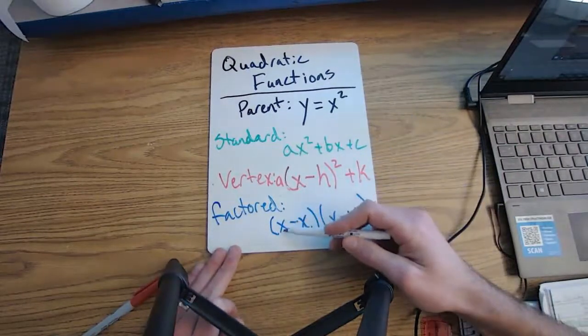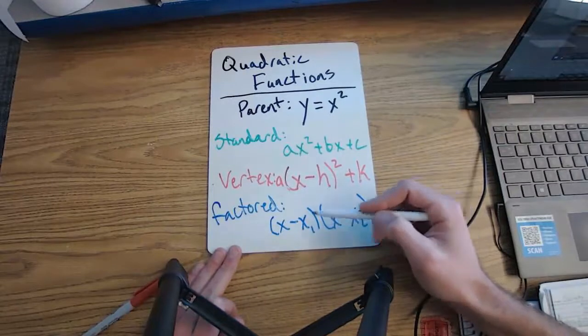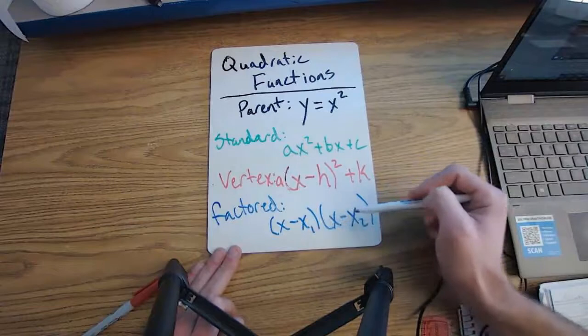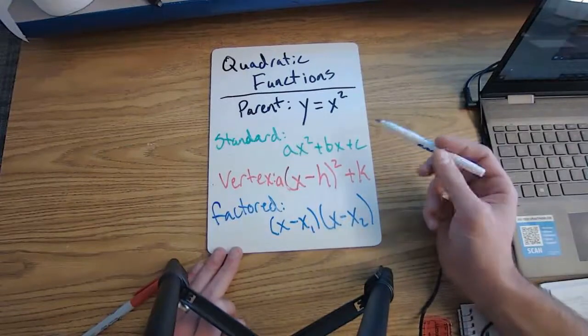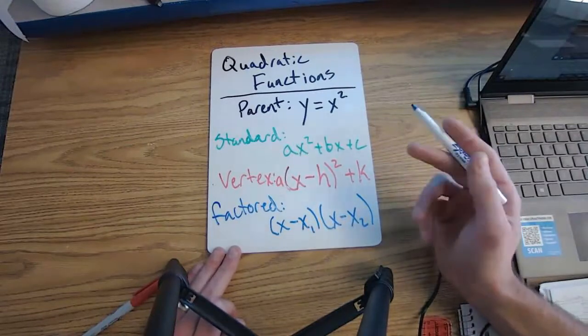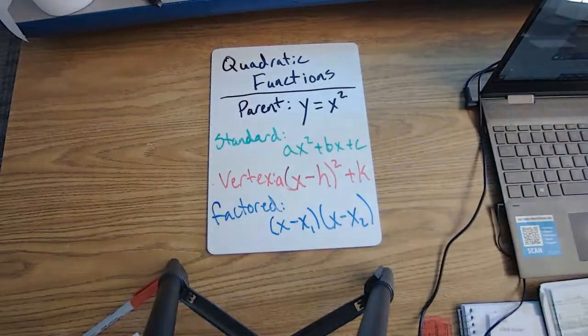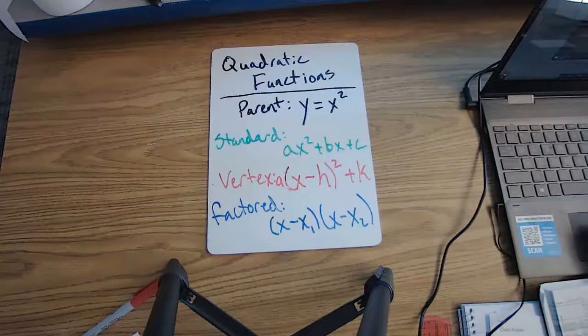However, when we multiply these x's that don't have the numbers with them, that's where we get our x squared. And these x1 and x2 are just our different numbers. We're going to see these in our graph in a little bit. Okay, so with all three of these, we can actually tell different things with our quadratic functions.